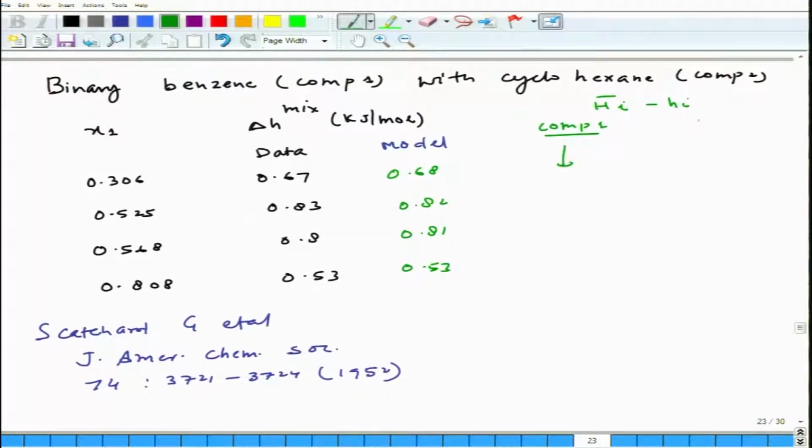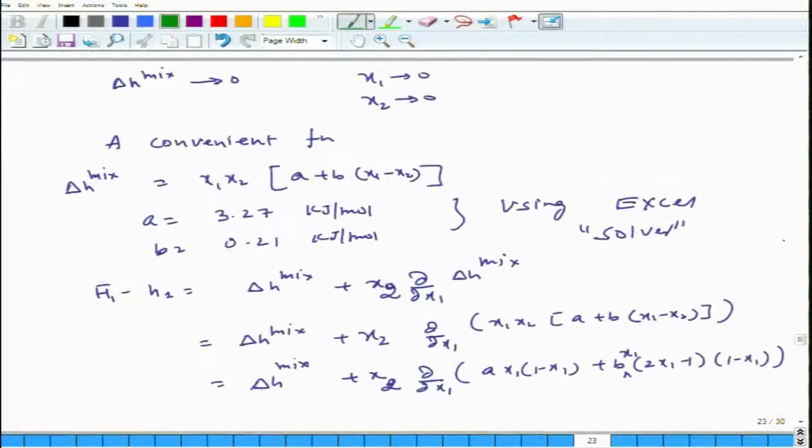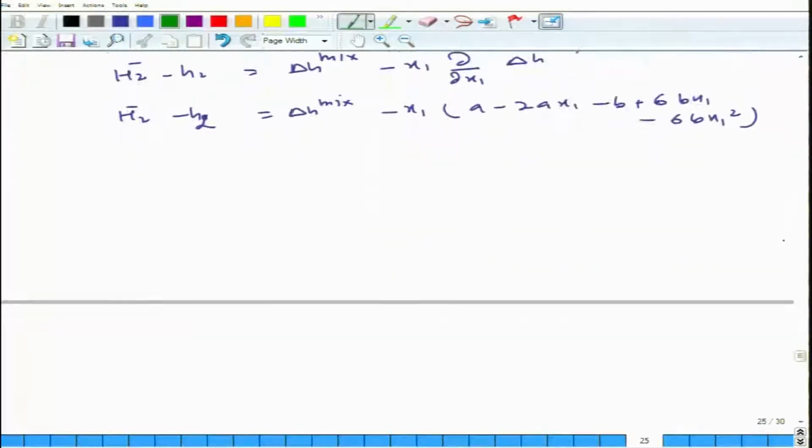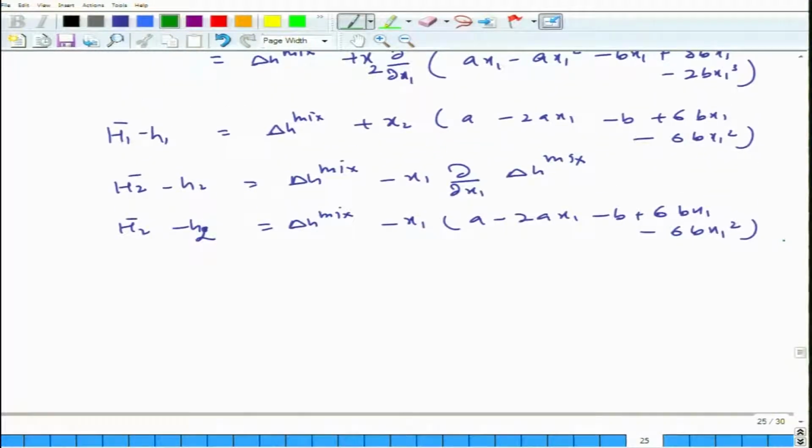Okay, you plug in here, and for component 2, using this expression. So, this is how we can solve the problem based on simple experimental data available for the partial molar properties, if the molar properties information as a function of the compositions is given.